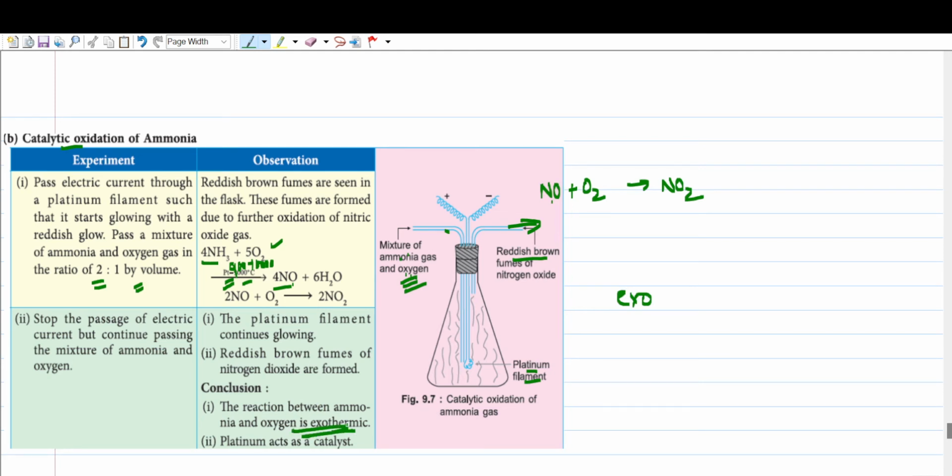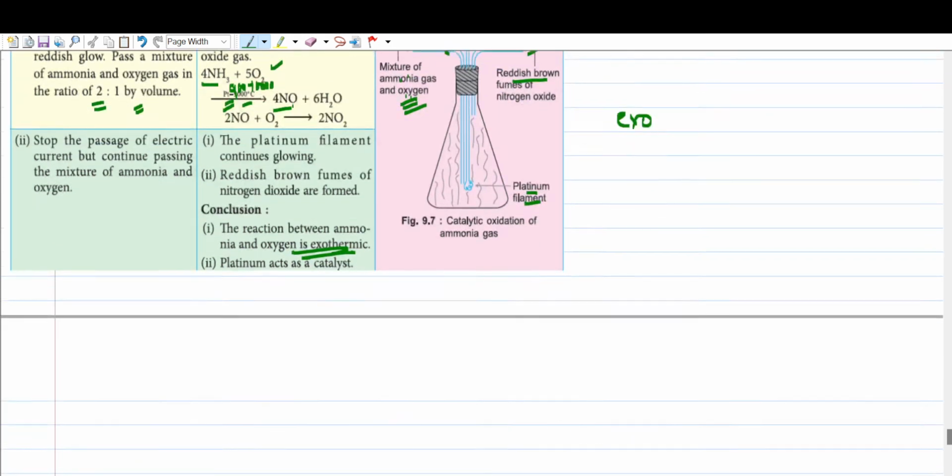Remember, the reaction is exothermic. So initially we give the temperature to start the reaction, but later on heat is not required because the reaction is exothermic, so heat is taken from there.